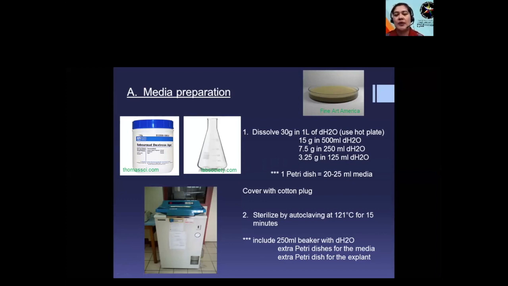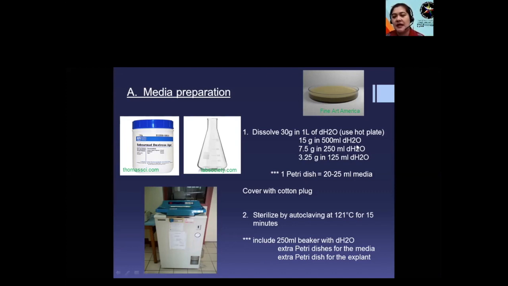Now, before we make our media, we already try to compute how many Petri dishes we're going to use. Okay? So if you think you're going to use 10 Petri dishes, then siguro ang kakailanganin mo is around 200 ml of the media. So how do you do that? Parang magluluto talaga ng gelatin.